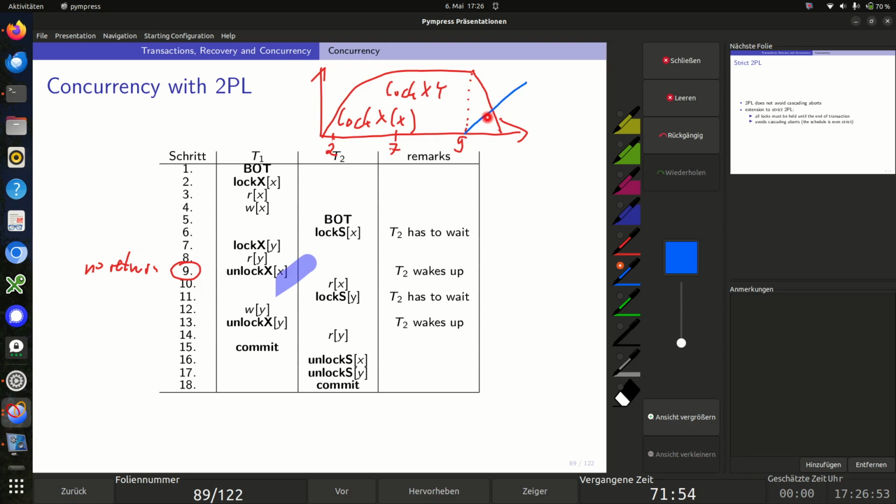I can acquire a shared lock on X, and then I can acquire a shared lock on Y. For transaction 2, the point of no return is at 16, and then it releases the locks.